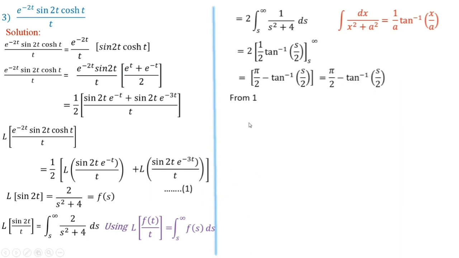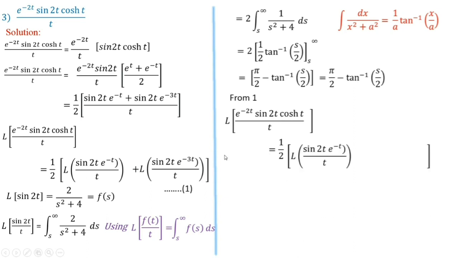Therefore, from equation 1, Laplace of e raised to minus 2t into sine 2t into cos hyperbolic t upon t is equal to 1 by 2 into Laplace of sine 2t into e raised to minus t upon t plus Laplace of sine 2t into e raised to minus 3t upon t. Here Laplace of sine 2t upon t is this one, pi by 2 minus tan inverse of s by 2.